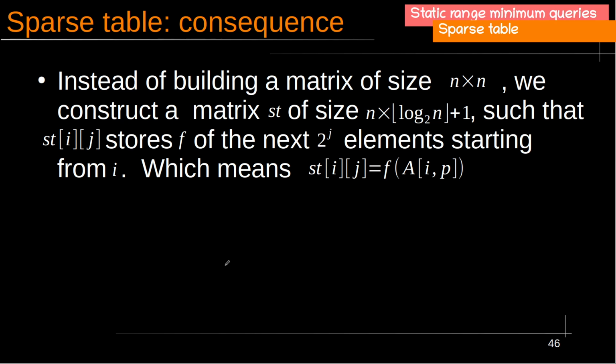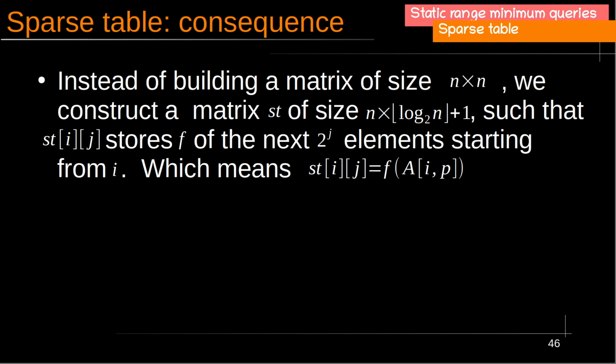instead of building a matrix of size n times n, as we have seen in the dynamic programming approach for static queries, we can construct a matrix, let's call it ST, of size n times the floor of log base 2 of n, plus 1, such that ST[i][j] stores the function f, min or max or the sum, of the next 2 power j elements starting from i.